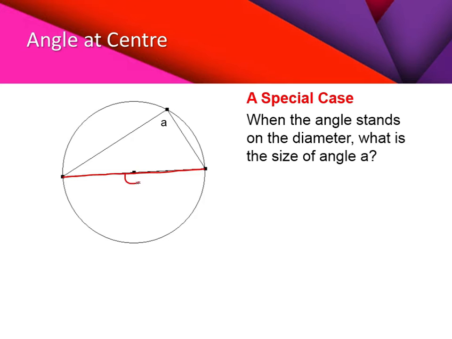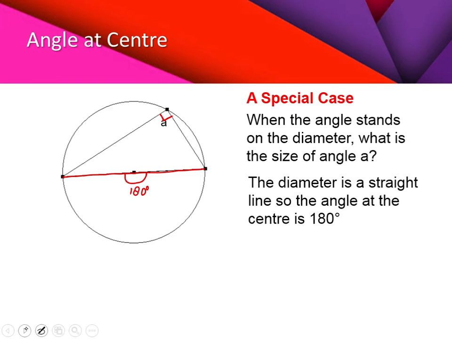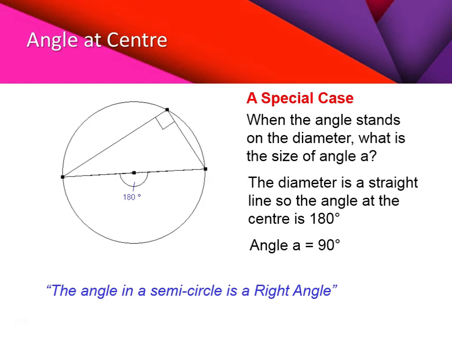This angle at the center is 180 degrees, so the angle at the circumference will be half of 180, which means this angle will be 90 degrees. Now it means that if you have a semicircle, the semicircle will make a 90 degree angle. So this is the third property, that the angle in a semicircle is a right angle.